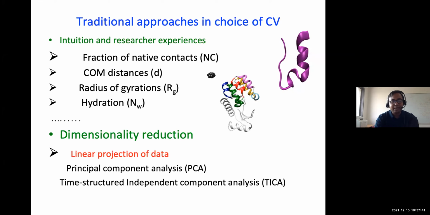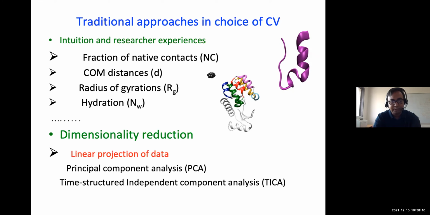The other aspect that is becoming more and more popular, which has also been there for a long time, is thinking in terms of whether we can reduce the dimensionality of the system, whether we can project the data on a particular, let us say, non-trivial collective variable, and whether we can learn from those. As everyone is aware, linear projection of the data, which is quite common in our simulation community, has played an important role in reducing the dimension we are talking about.